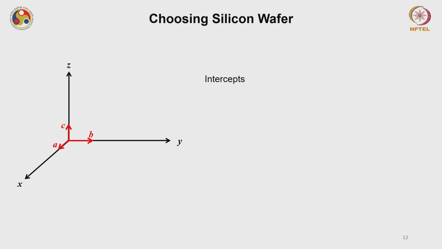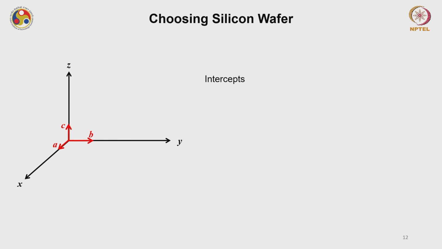So what am I talking about, like 111, 110? Let's understand this. Consider the axes x, y, and z, and you have intercepts A, B, C. Say these intercepts are 1 1 1, or say 2 1 2. So these planes are making some intercepts on these axes.